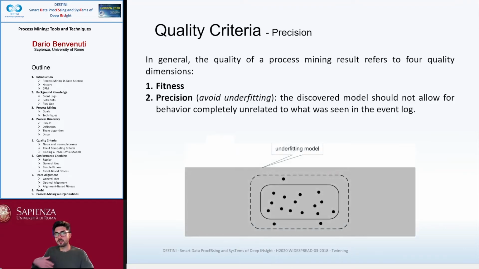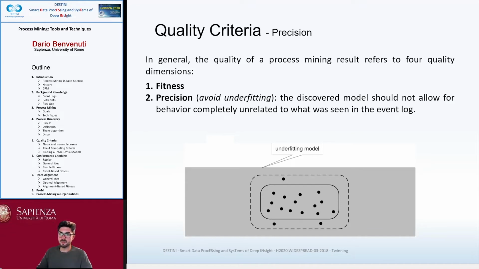And we need to think even about precision. So the discovered model should not allow for behavior completely unrelated to what was seen in the event log. So it's kind of the opposite situation.